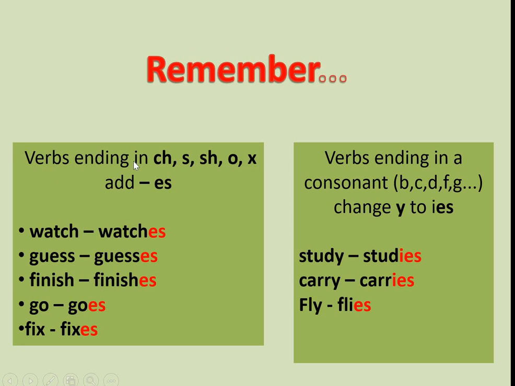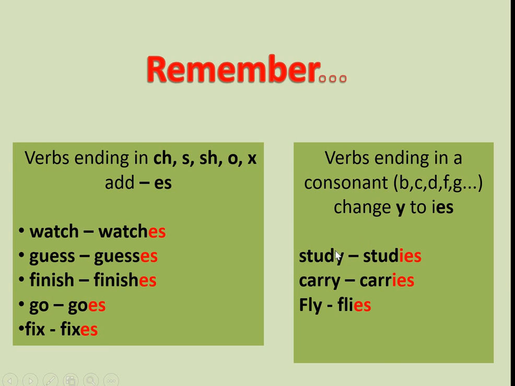So if we have verbs ending in ch, s, sh, o, x, we add the es. Okay? So like watch, watches, guess, guesses, finish, finishes, go, goes, fix, fixes, and we talked about these. Also, if we have verbs ending in a consonant plus y, like study, carry, fly, we change the y to ies.